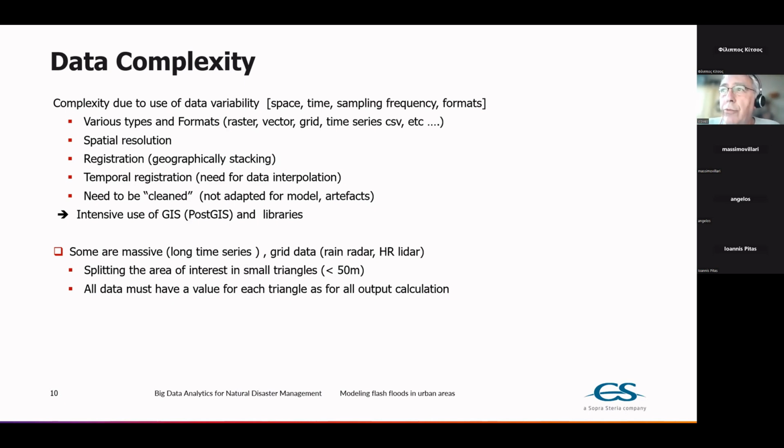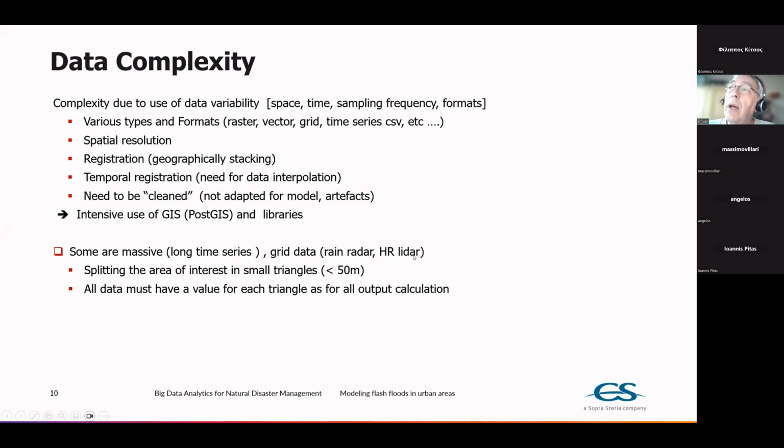So that makes a lot of data. And we were also lucky because in France they have a program flying a plane with a high-resolution LiDAR, and for the city of Nîmes we got this information.